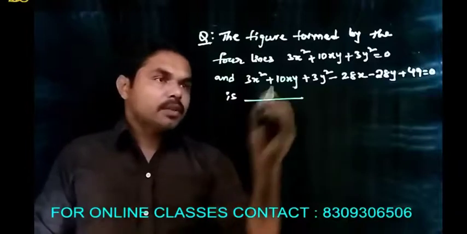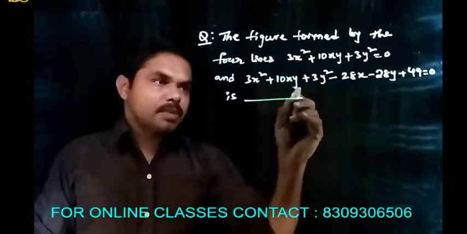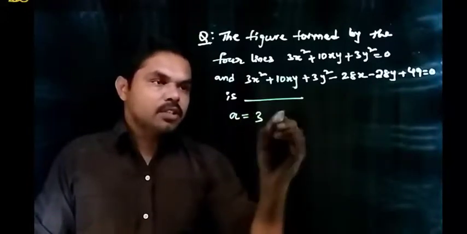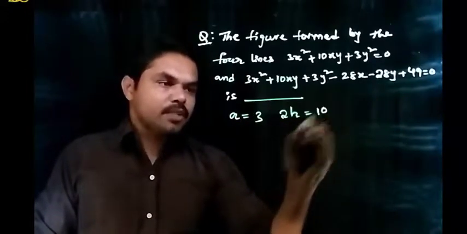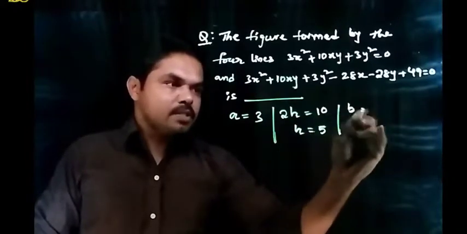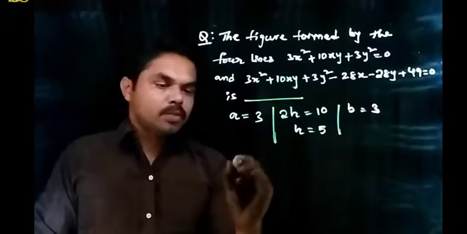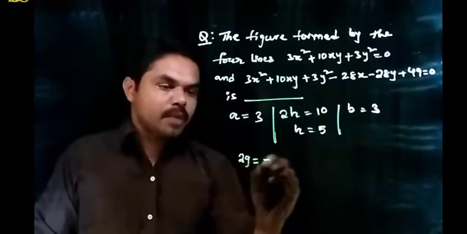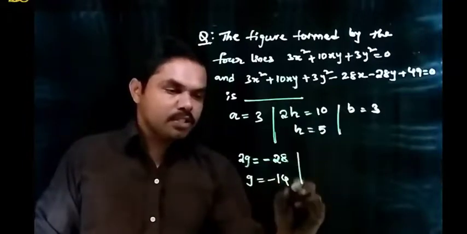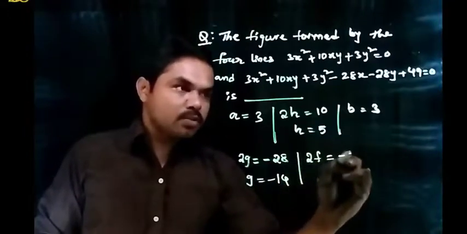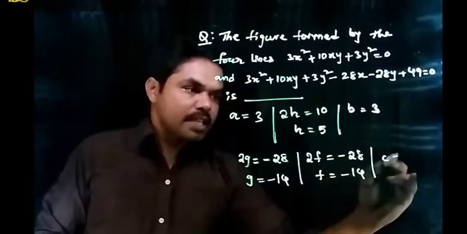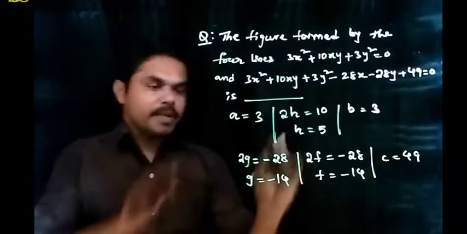So first of all, compare the values with ax square plus 2hxy plus by square plus 2gx plus 2fy plus c. The a value is 3, 2h value is 10, from here the h value is 5, and the b value is also 3. Now come to find 2g. 2g value is minus 28, from here g is equal to minus 14, 2f value is also minus 28, so f is equal to minus 14 and c is equal to 49 by comparison.